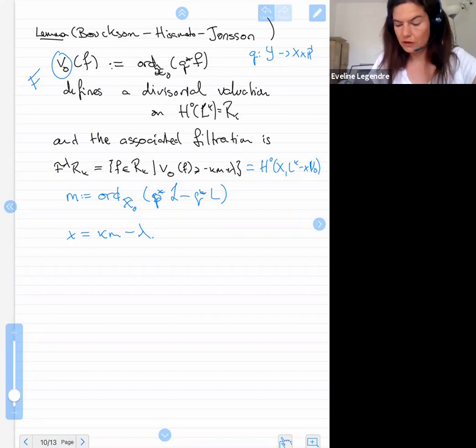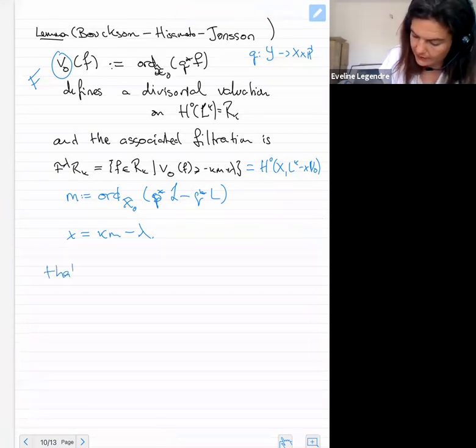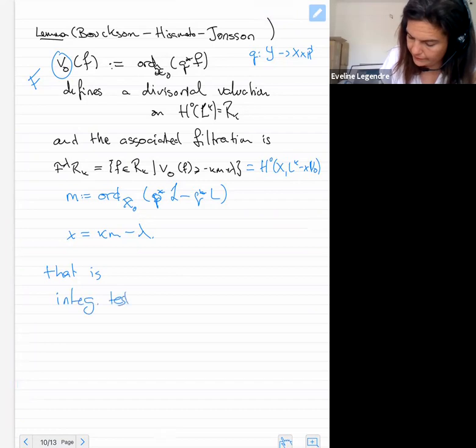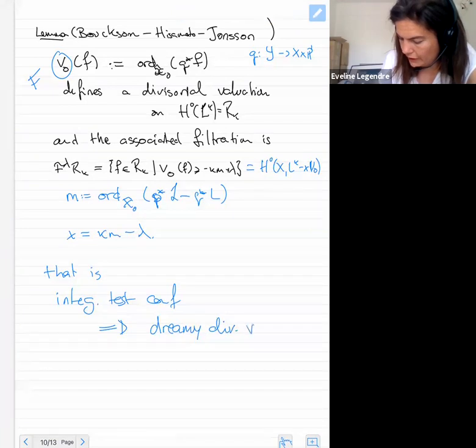And so maybe just to conclude, an integral test configuration leads to a divisorial dreamy divisorial valuation.